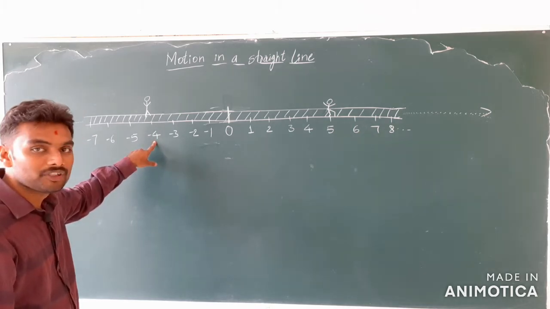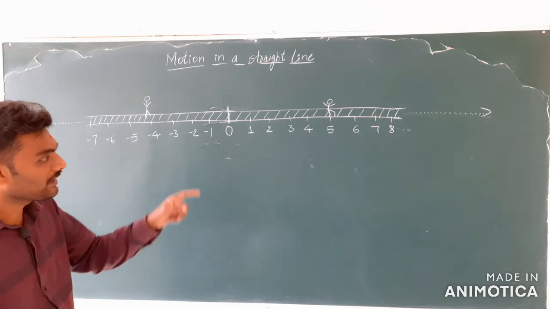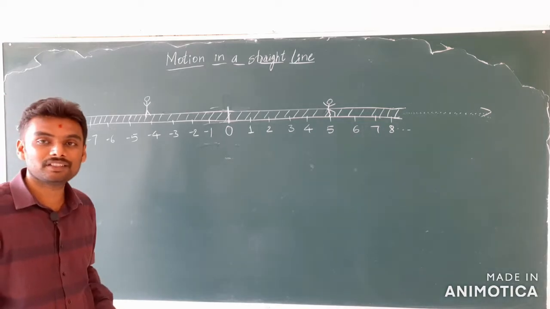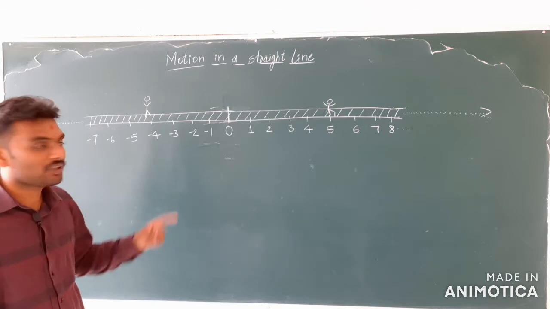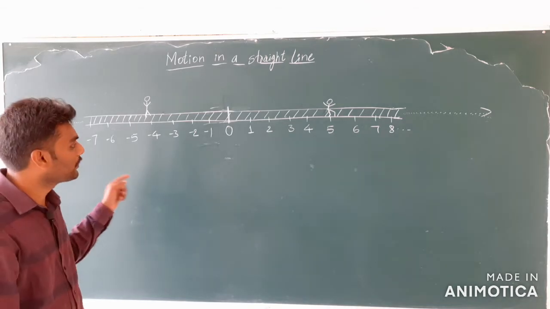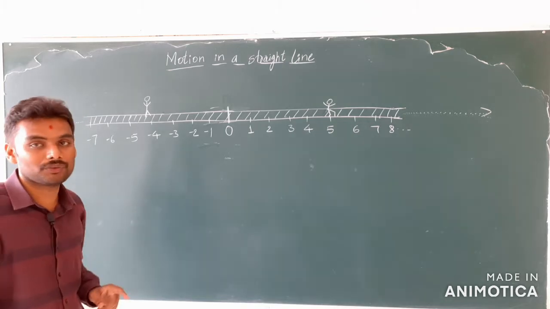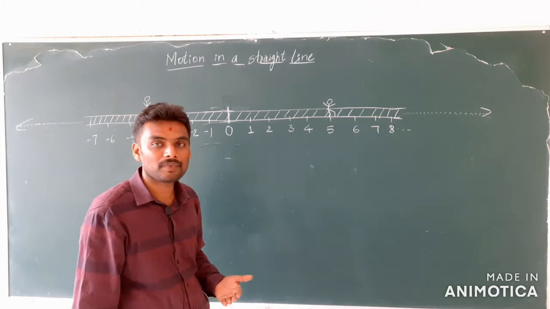So the person is standing at minus 4. Where is the person sitting? The person is sitting at plus 5, isn't it? Now we can easily locate the position of any object using the coordinate system, or coordinate, because only one coordinate is chosen.